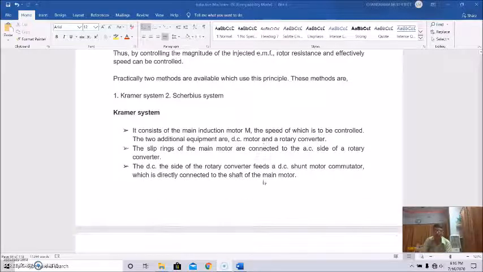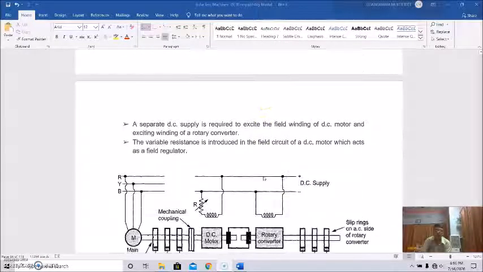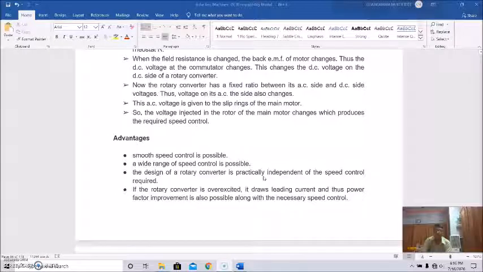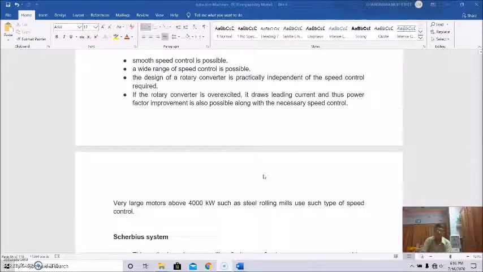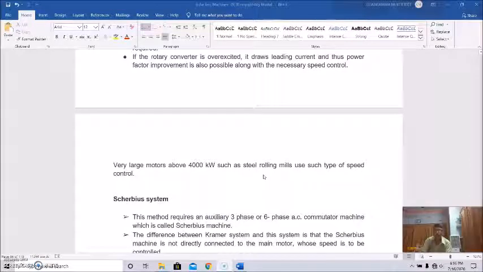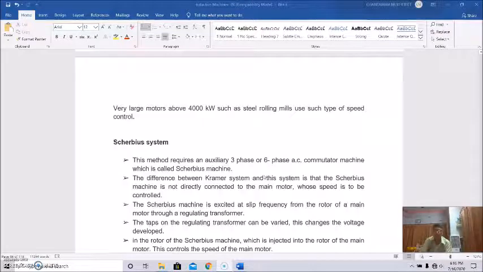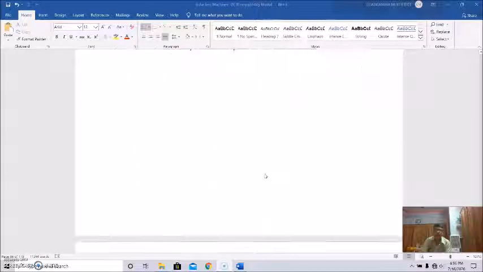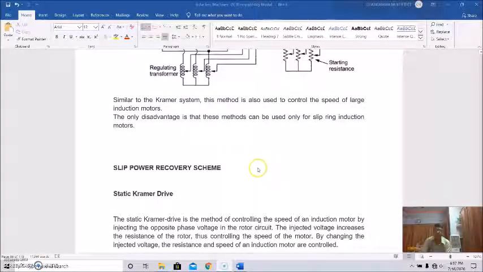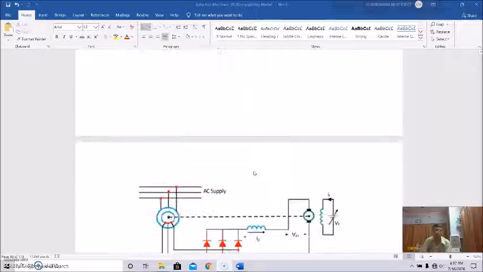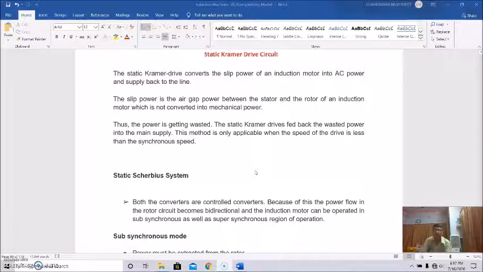How these systems work will be discussed, and then we will also discuss the advantages and disadvantages of these two systems. We'll also try to discuss the slip power recovery schemes, that is the static Kramer drive and the static Scherbius drive.